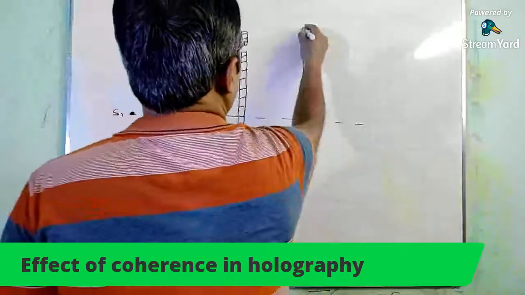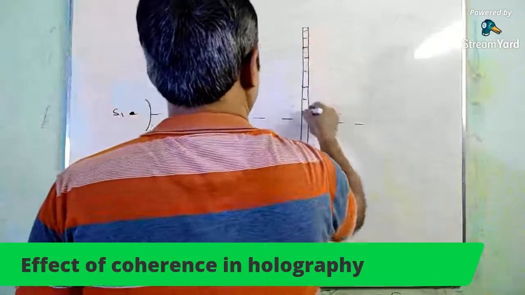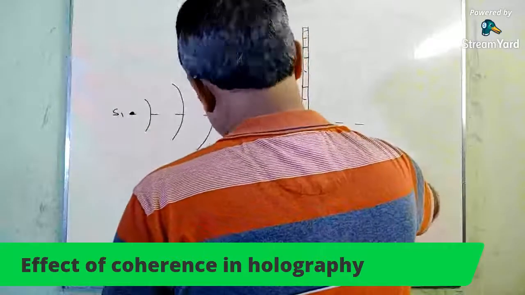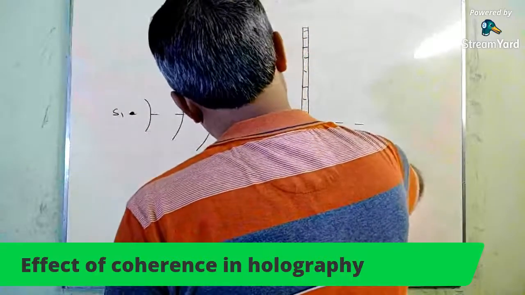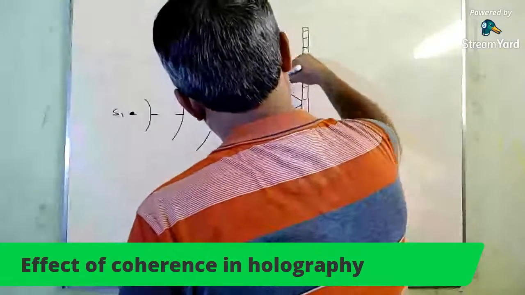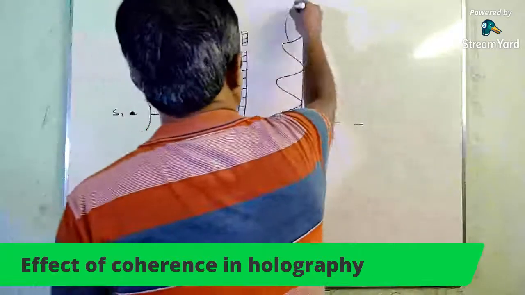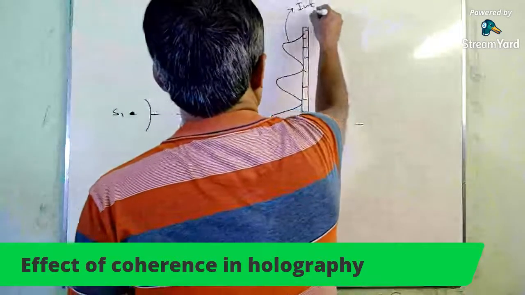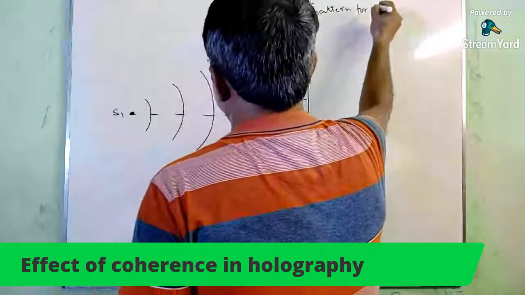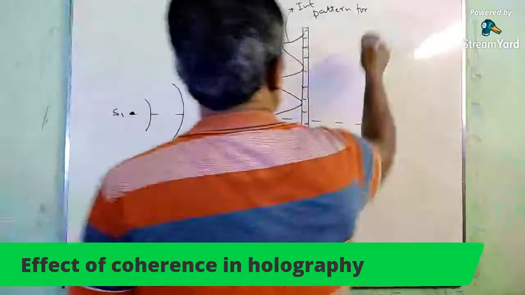This one is the observation plate. And we can find out that this one is the interference pattern for S1. Okay.